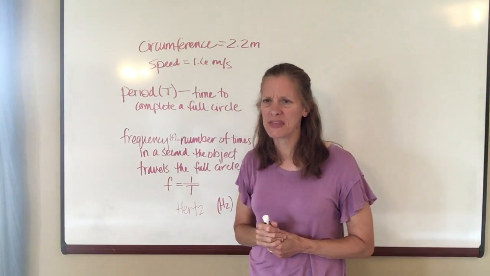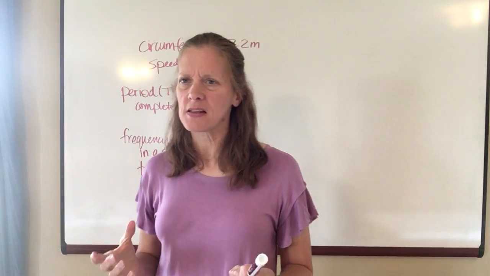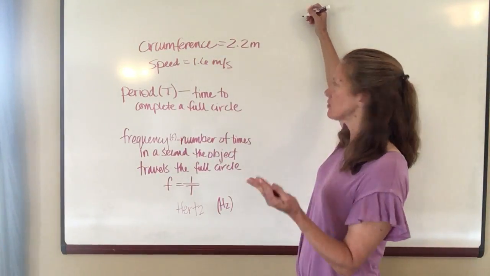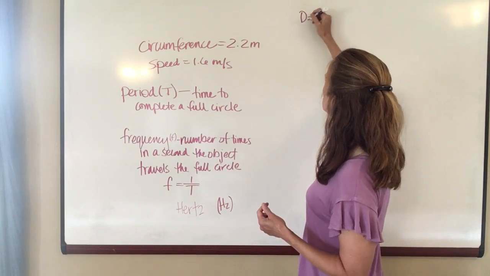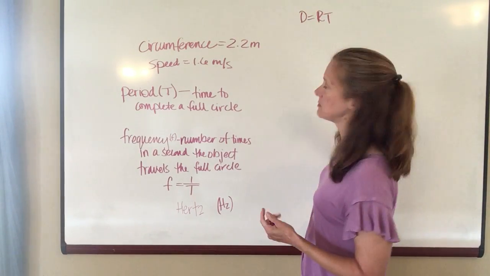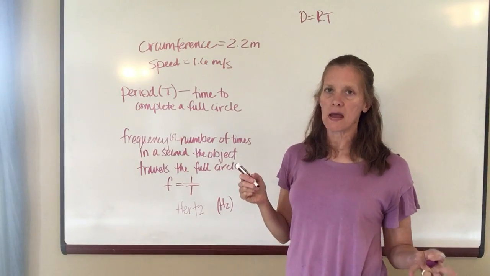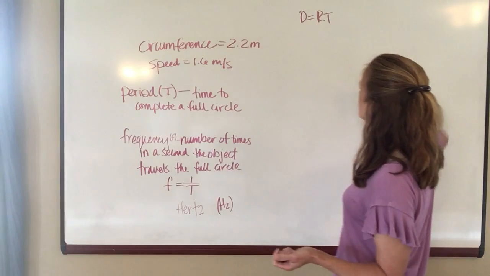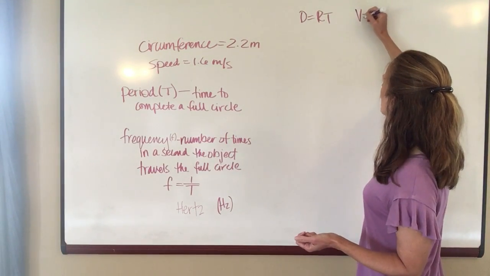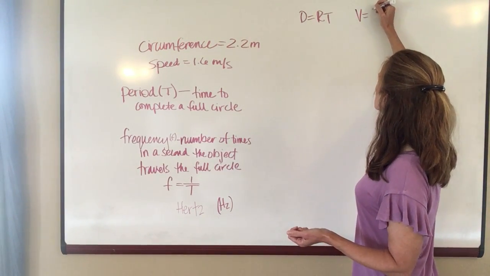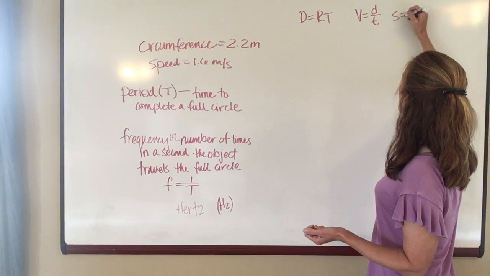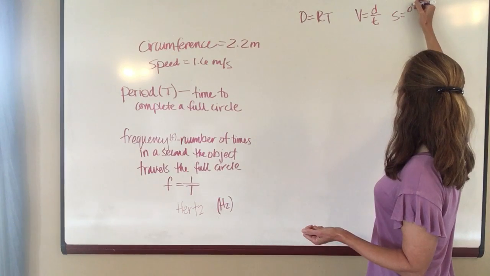So if I look at that, I know that in algebra, sometimes you talk about how the distance is equal to the rate times the time. That's not unlike some of the formulas that we saw earlier in the semester, where I had velocity equals displacement over time, or speed equals the distance over time.